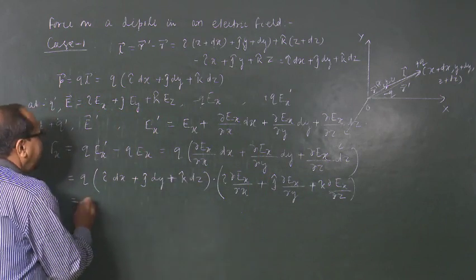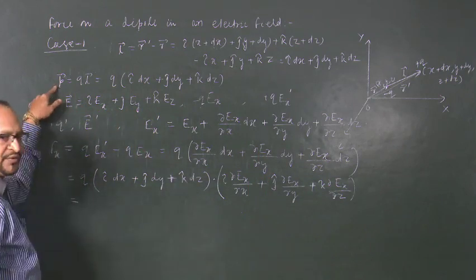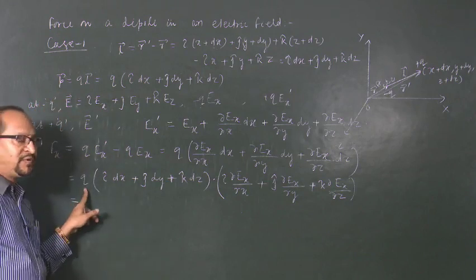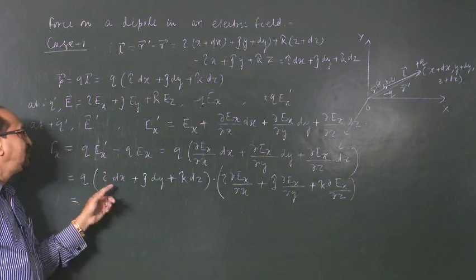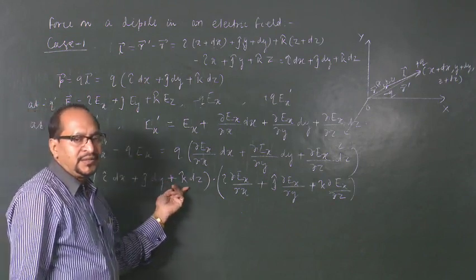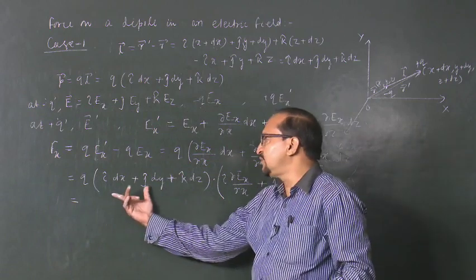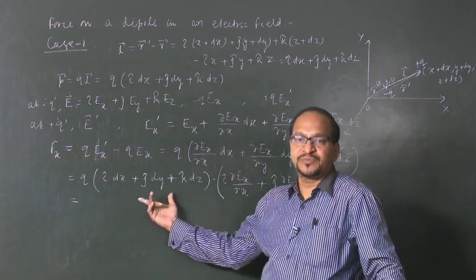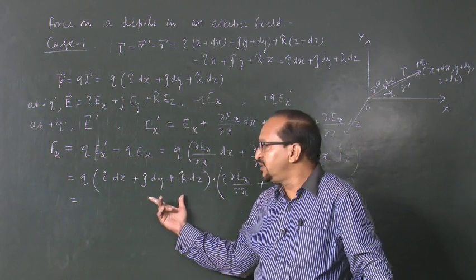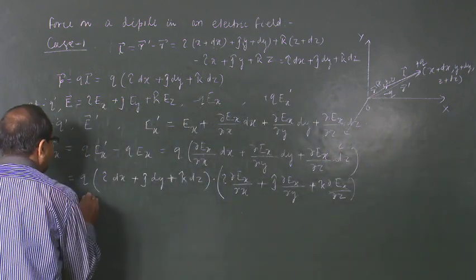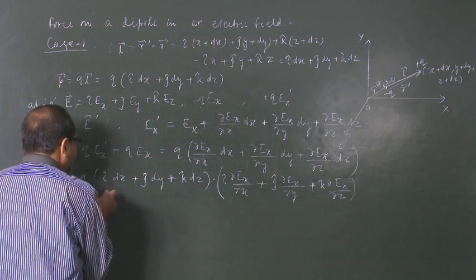Now, we have already defined the dipole moment P. Dipole moment P of the dipole here is q into the separation between the charges, and this separation is i cap dx plus j cap dy plus k cap dz. So this is nothing but our dipole moment P dot.